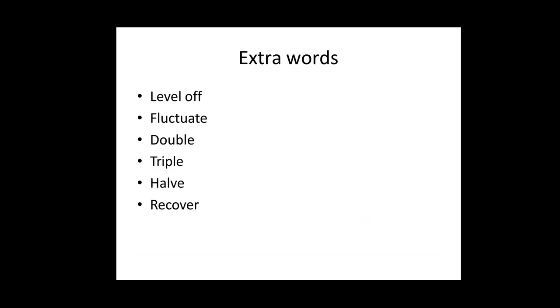Here you have a few extra words for you. The examples are level off and fluctuate. These are extra words for you while describing your graphs. In cases where there are fluctuations, it means high and low.